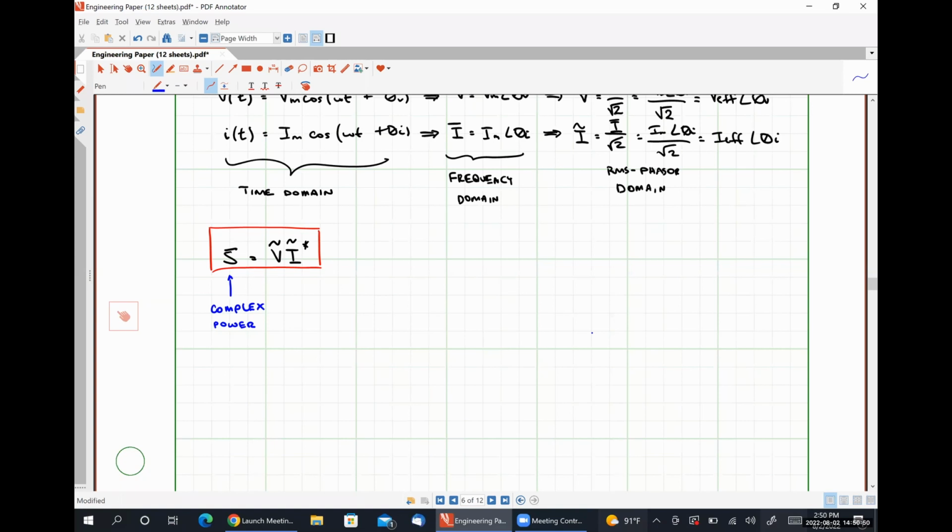Now, there are multiple different parts of the complex power, and all of them are going to have dimensional units of volt times amps, but we give the different parts different units so that we can distinguish between them. So we are going to call the unit of complex power the volt ampere.